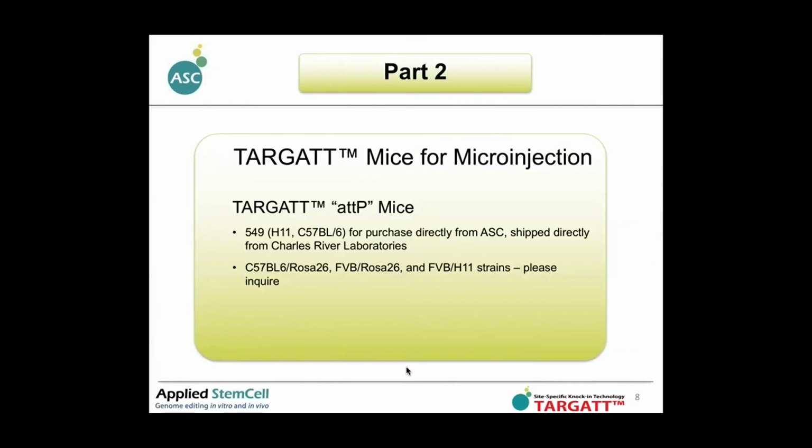Now, part 2 is to get target mice for microinjection. We have the H11 C57 Black 6 strain ready for purchase directly from us. These animals are shipped directly from Charles River Laboratories, and they ship internationally anywhere in the world.